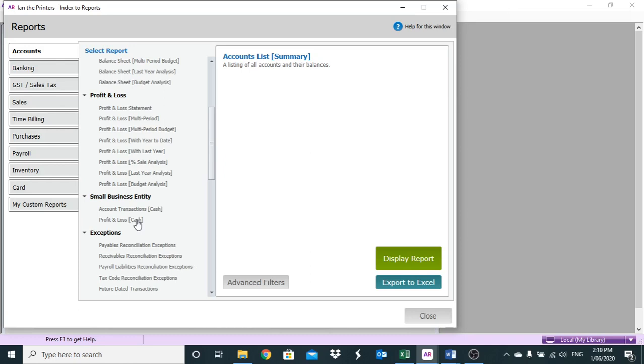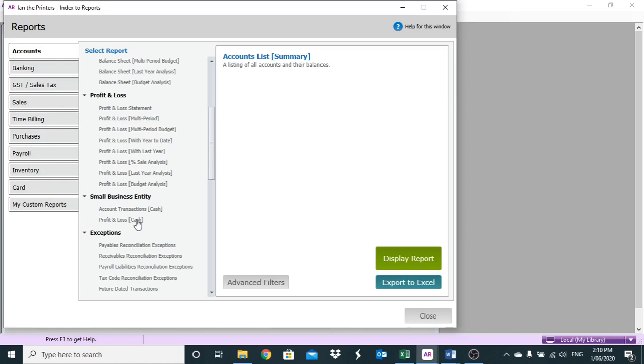So, for example, if you make a sale today and our BAS reporting period is also today, but we haven't received monies from our customer, when we generate our reports, the GST component will not appear on our reports on a cash basis. Hence, you won't have to worry about paying that GST part of the invoice.